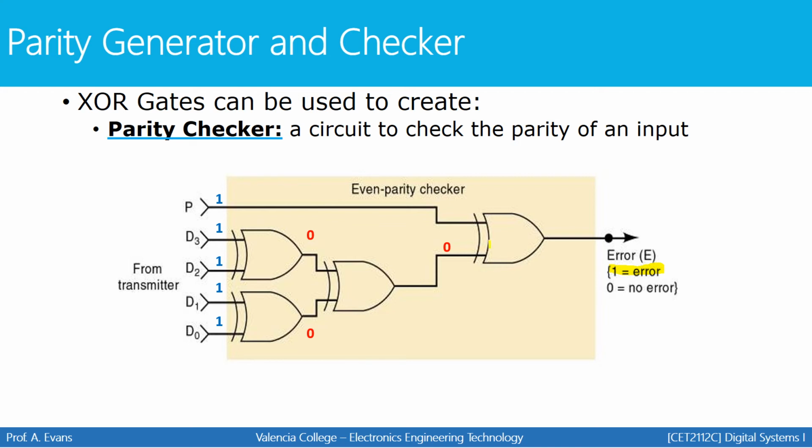Lastly, this 0 goes into the XOR gate with the 1 from the parity bit. Now the inputs to this XOR gate are at different levels, and a high will be produced, letting us know there is an error in the message because it does not have an even number of 1s. So this is another application of XOR gates by creating a circuit that can check parity.